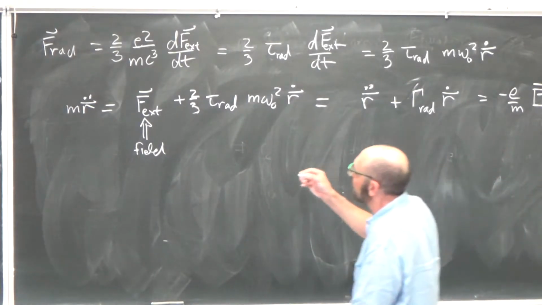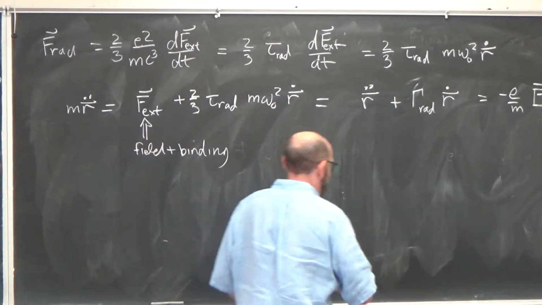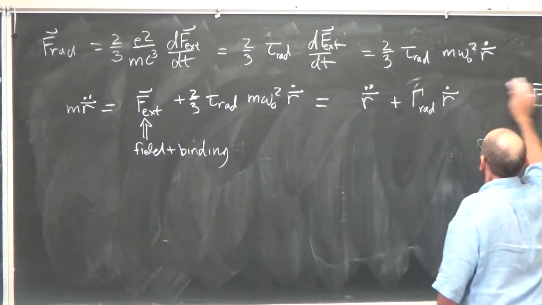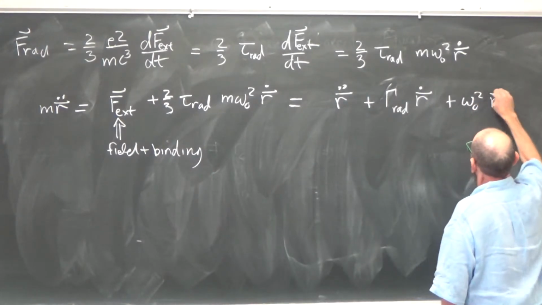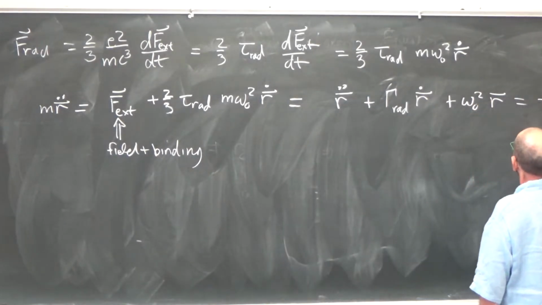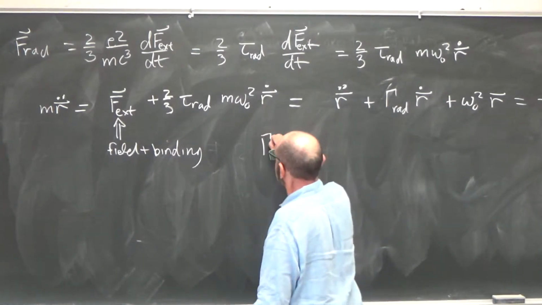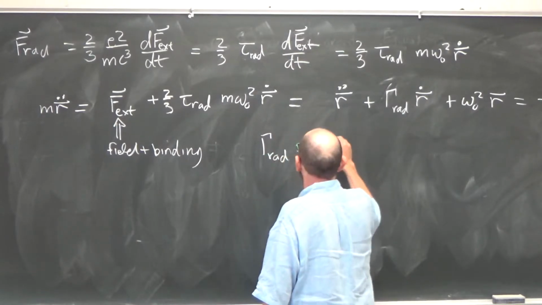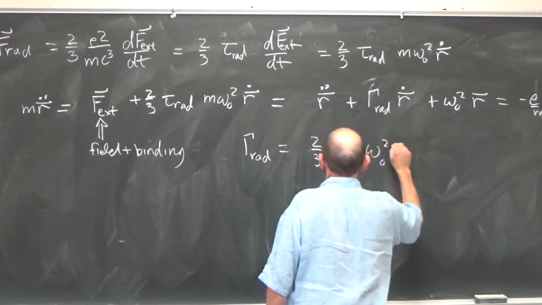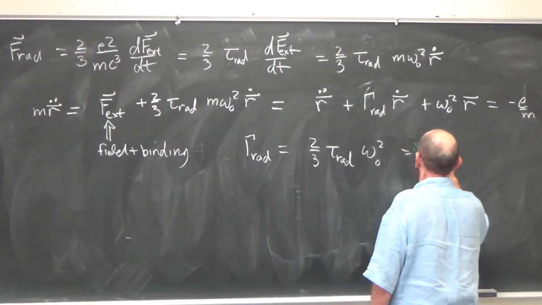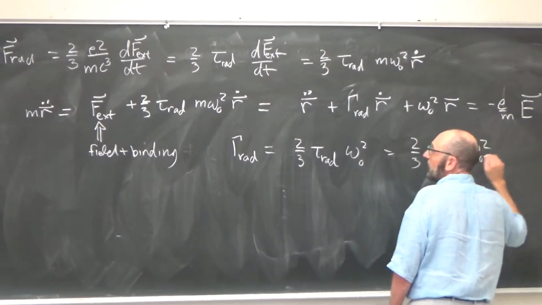Oh, I also have the binding force, field plus binding. So I gotta have the binding force in here. Where, what is gamma now? Well, it's equal to 2/3 E squared over MC cubed omega 0 squared.